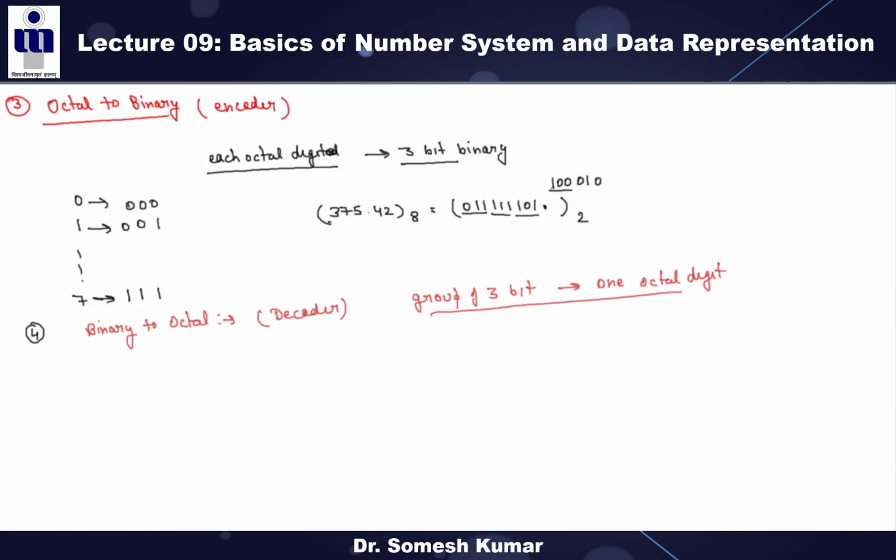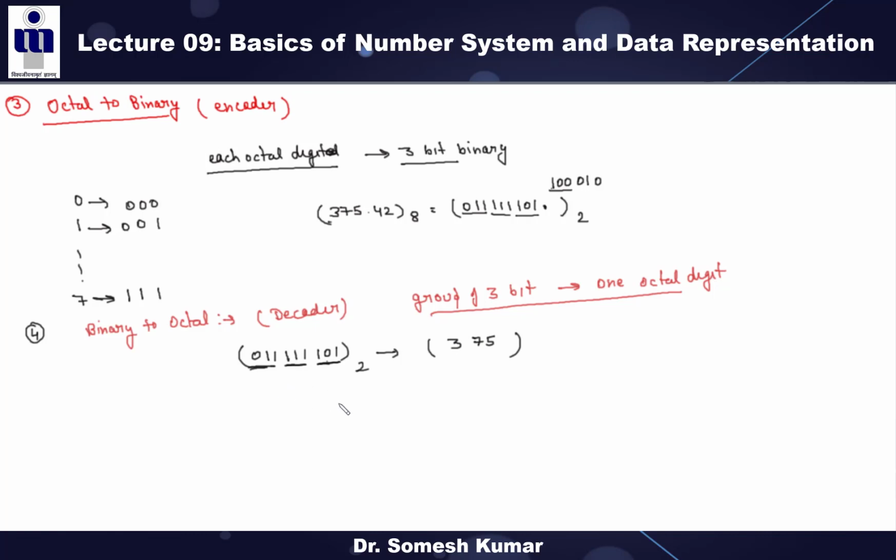Clear? For a similar example, if we are asked to convert this number to an octal number, how can you convert? Make groups of 3 digits, start from here, this one, this one, this one, right? So this is 5, this is 7, this is 3. Clear?